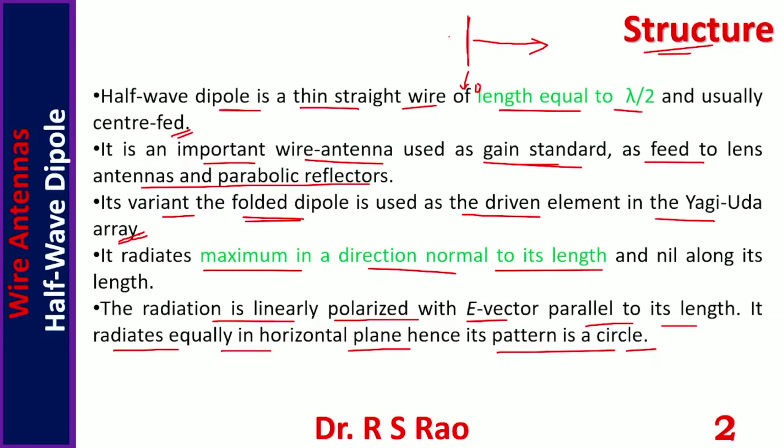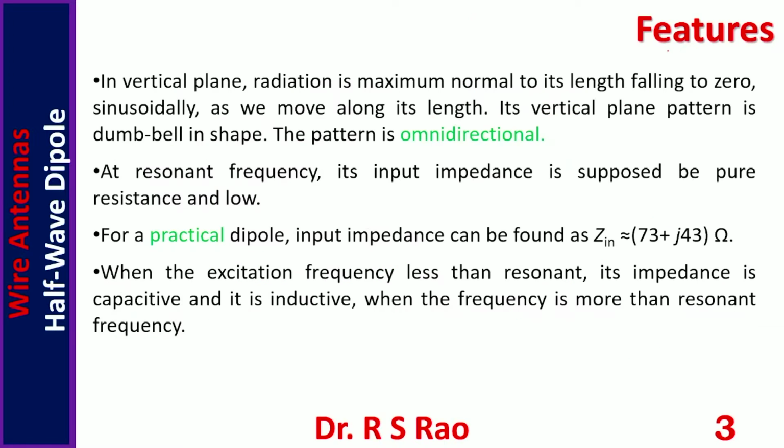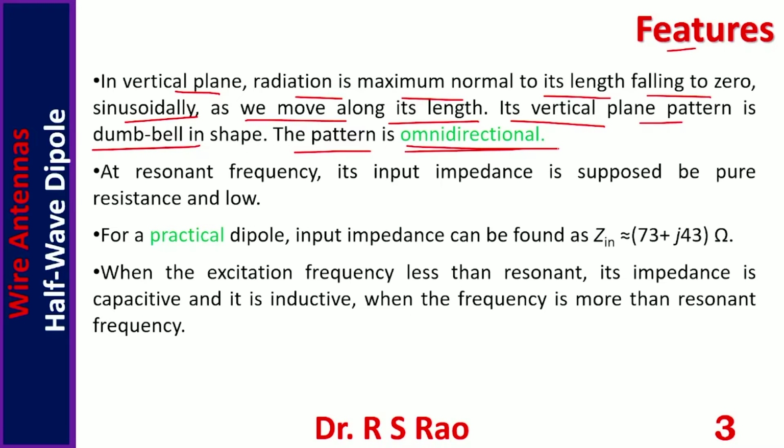One can say that radiation is omnidirectional as far as half-wave dipole is concerned. Some more points. In vertical plane, radiation is maximum normal to its length, falling to 0 sinusoidally as we move along its length. Its vertical plane pattern is dumbbell in shape. The pattern is omnidirectional, which is already mentioned. In vertical plane, the pattern appears like this. In horizontal plane, it is a circle.